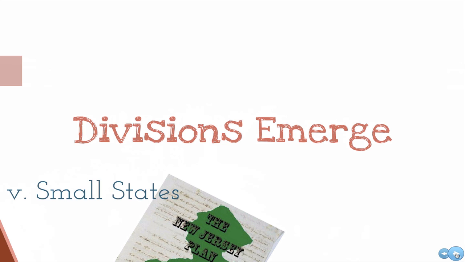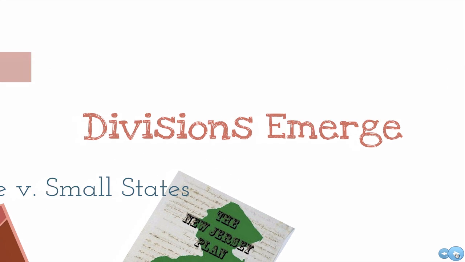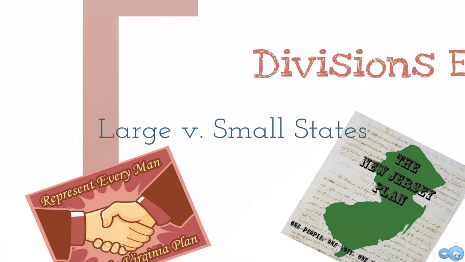So right away, different disagreements started to happen. And one of the big divisions that started to emerge was one between large and small states. Now, we're not talking about geographic size here, we're talking about population. You might remember that with the Articles of Confederation, each state had equal representation to the Confederation government.